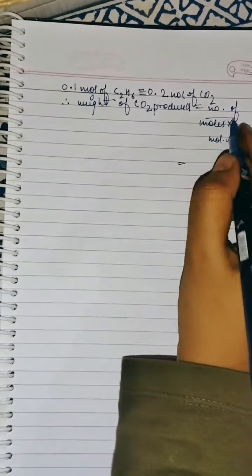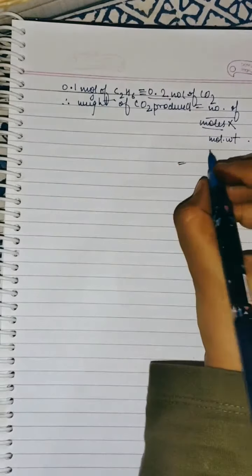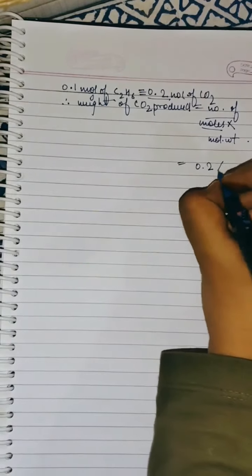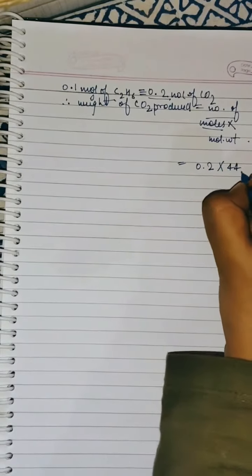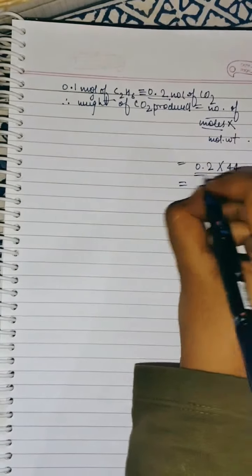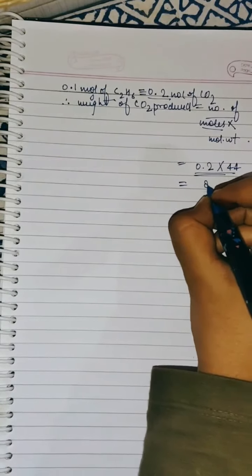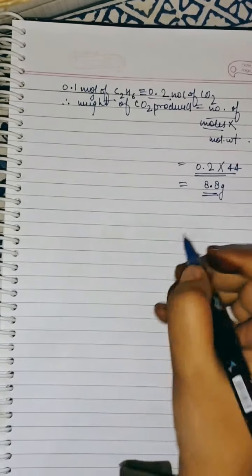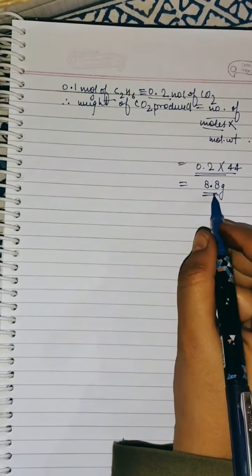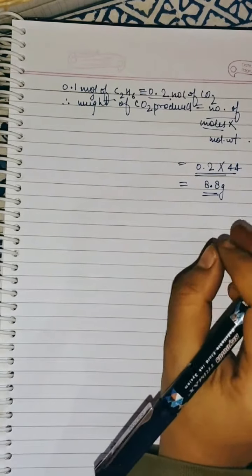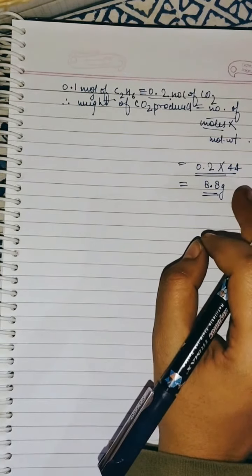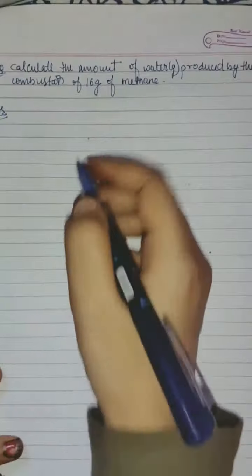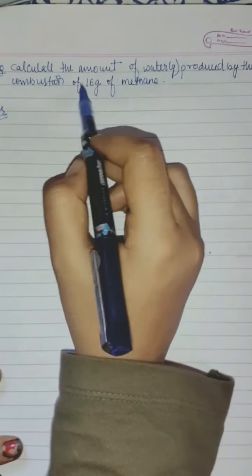The number of moles is 0.2 and the molecular weight is 44. After multiplying this, we will get 8.8 gram. So 8.8 gram of carbon dioxide will be evolved during the reaction.